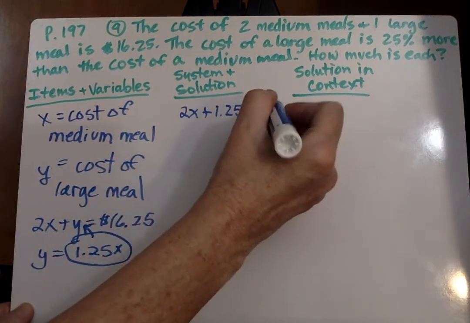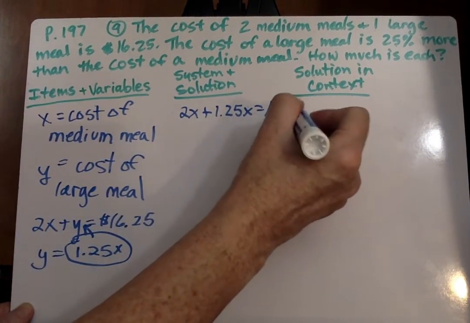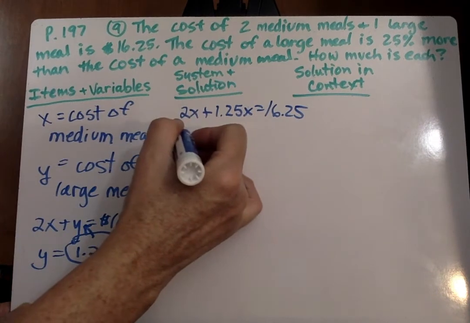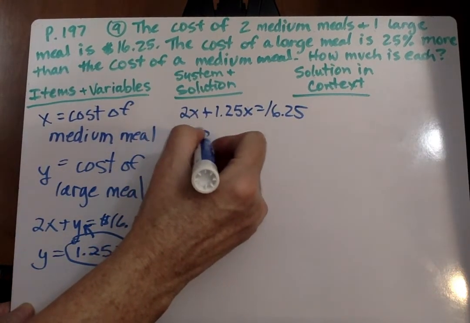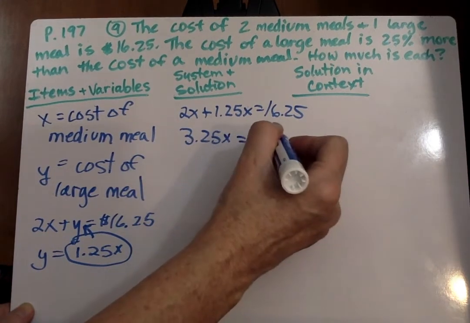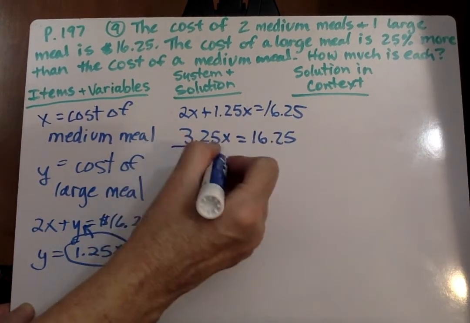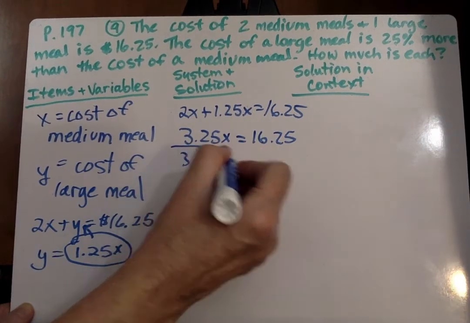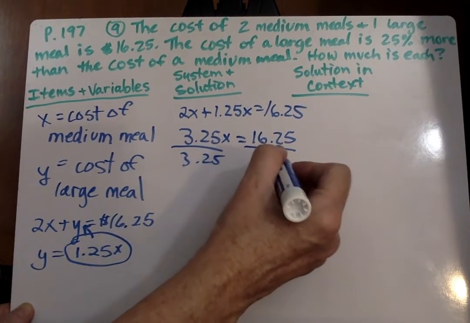And we know it equals 16.25. So I add those together: 3.25x equals 16.25. Then I divide by 3.25 on both sides.